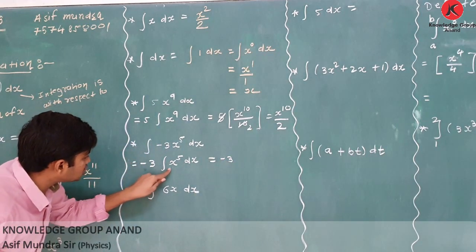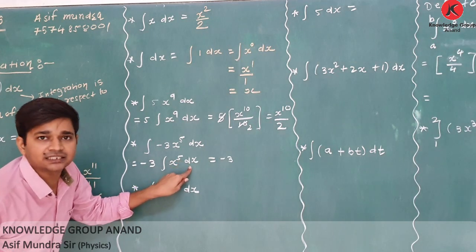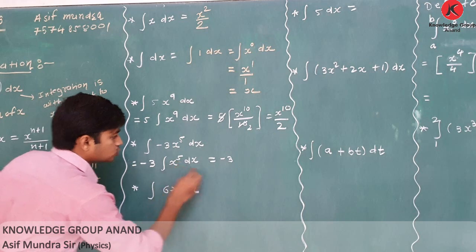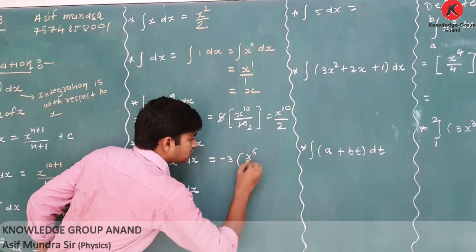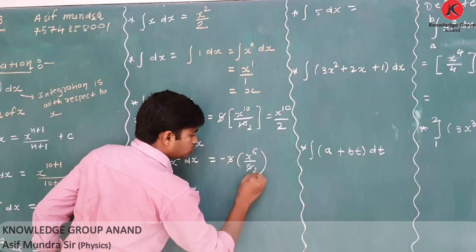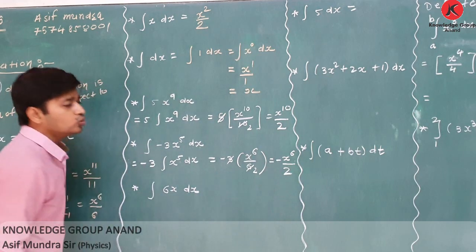What is integration of x raised to 5 dx? Add one to the power and write that power in the denominator. So here it is x raised to 6 upon 6. Clear? It is 3 into 2. So your answer is minus x raised to 6 upon 2.